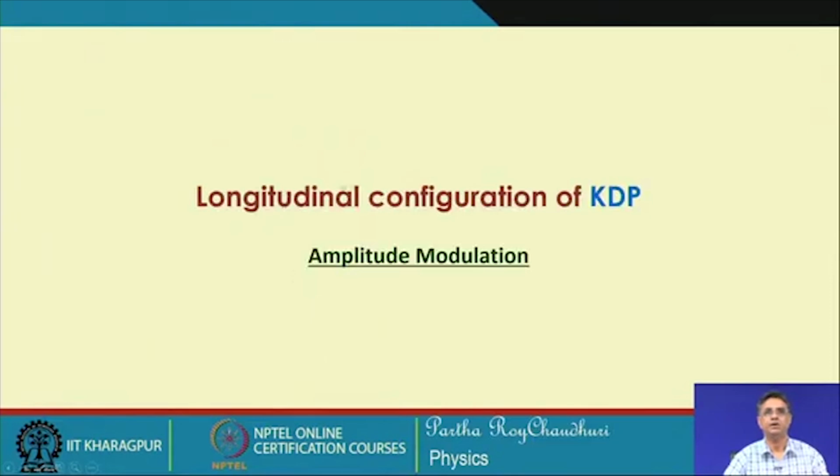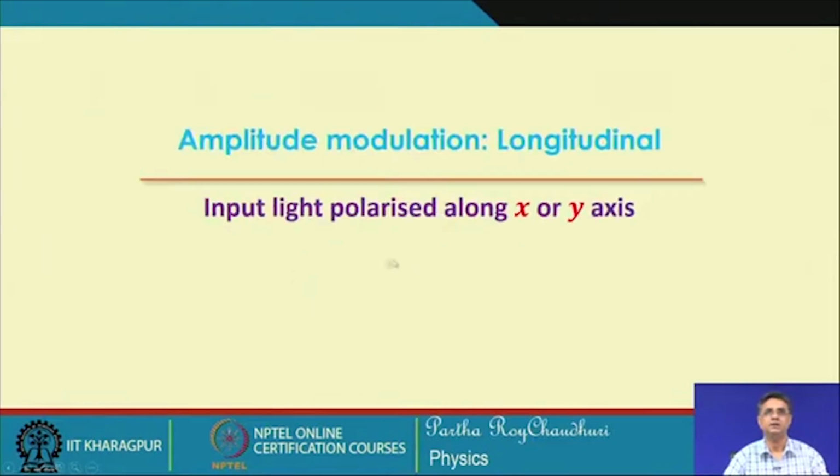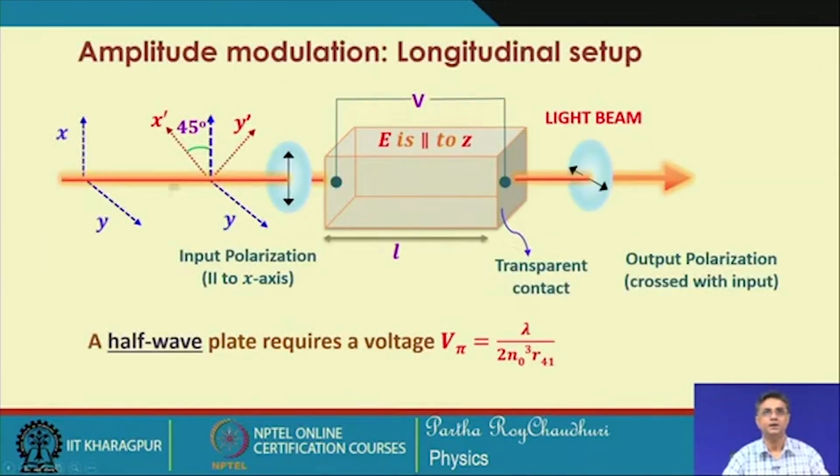So, in the longitudinal configuration case, amplitude modulation requires that light be polarized along x or y, which are the old coordinate systems, that is the principal axis system of the crystal without any external field.